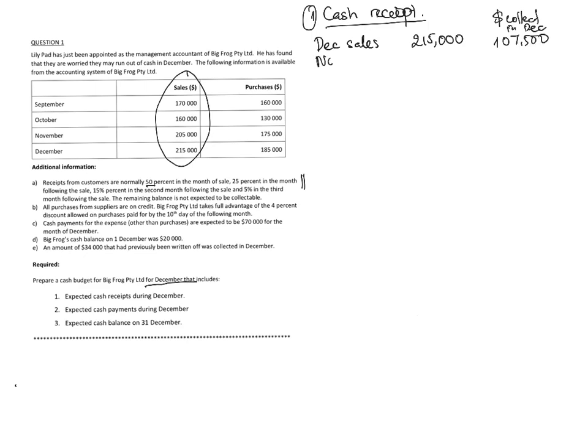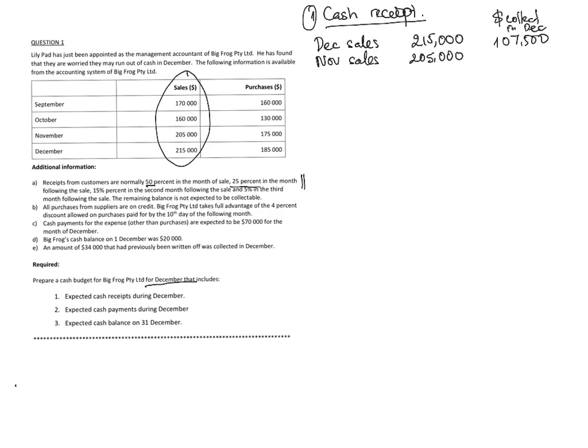Now we come to November sales. November sales is 205,000. When we make the sales in November, 50% of that will be collected in November, and then 25% of that will be collected one month after, which is December.